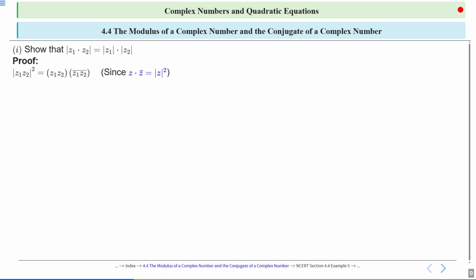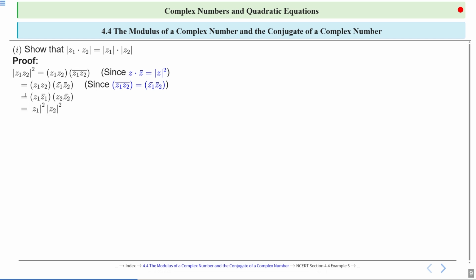Since z times z conjugate equals modulus of z square, now we have z1 times z2 times z1 conjugate times the conjugate of z2, since conjugate of z1 times z2 equals conjugate of z1 times conjugate of z2.